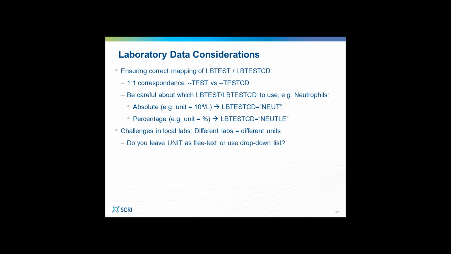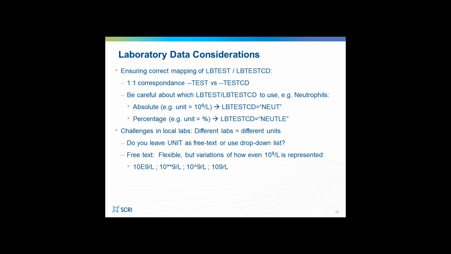Then the next question is, because of the number of units that you can possibly have in different labs, do you want to leave the unit as free text, or are you going to use a drop-down list? And there are pros and cons in each one. Because you don't know exactly how many different units there are, you may decide to choose free text. By choosing the free text option, it's a lot more flexible.